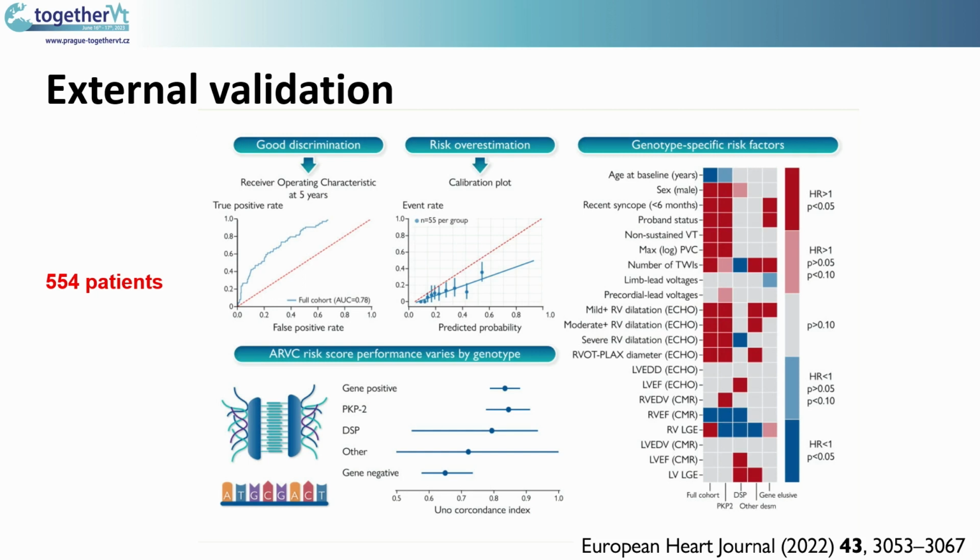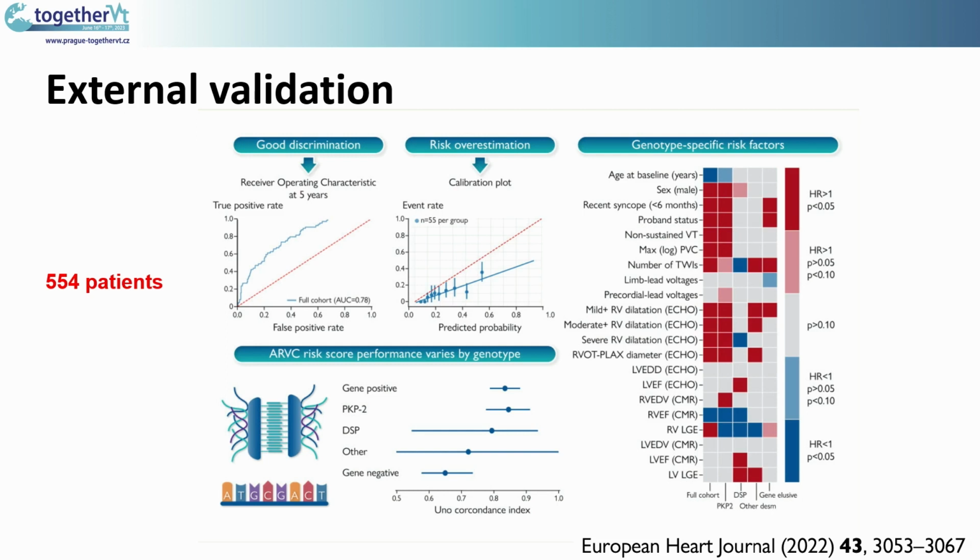And the other important thing that they found in this study is that the accuracy of the score was highly dependent on the genetic background. The score really performed well in patients with PKP2 mutation, which is a more frequent gene identified in RVC, but in patients with no mutation identified, or in patients with other genes, such as DSP mutation, the accuracy of the score was really not that good.